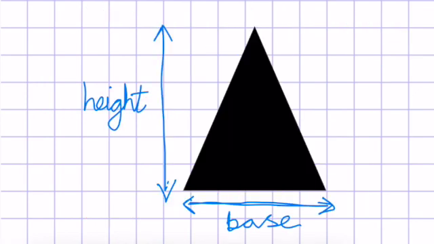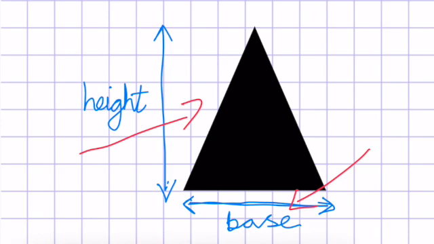Now, when we look at finding the area of a triangle, we do the same kind of thing, but there's an extra step. So if you look at this diagram here of a triangle, you have got the base, which is the bit on the bottom, right? There's the base. And then you've got the height, right?